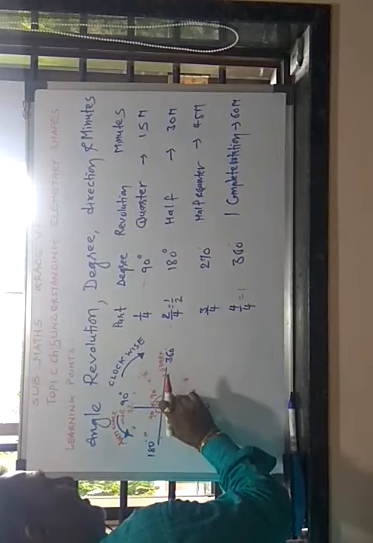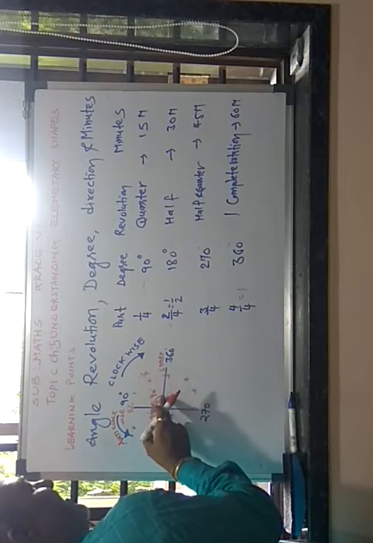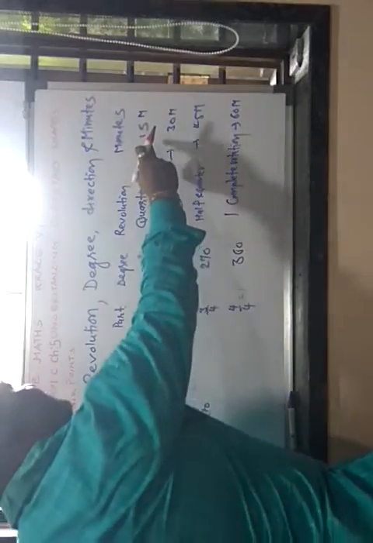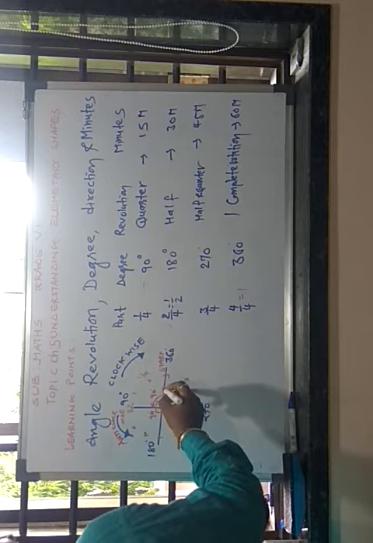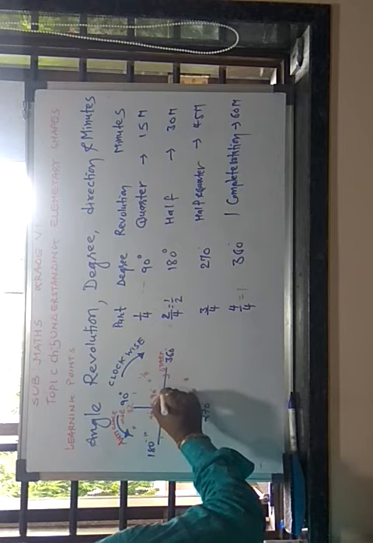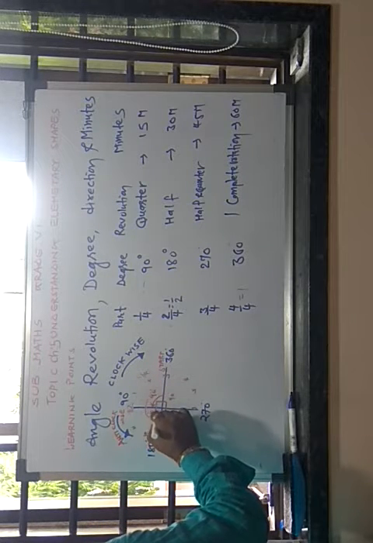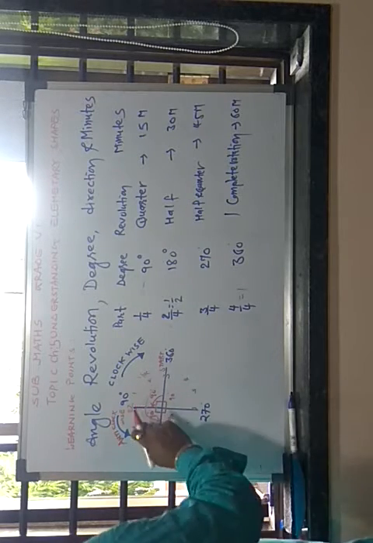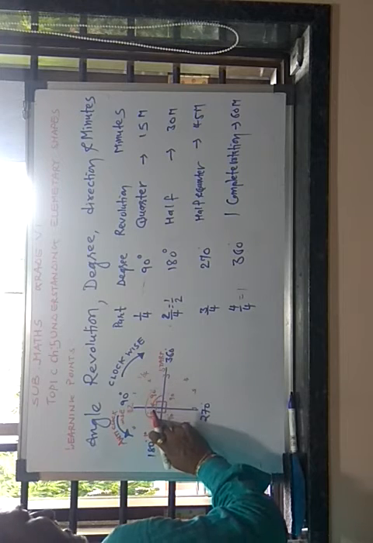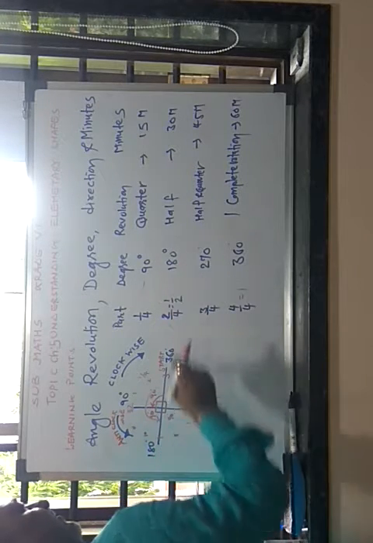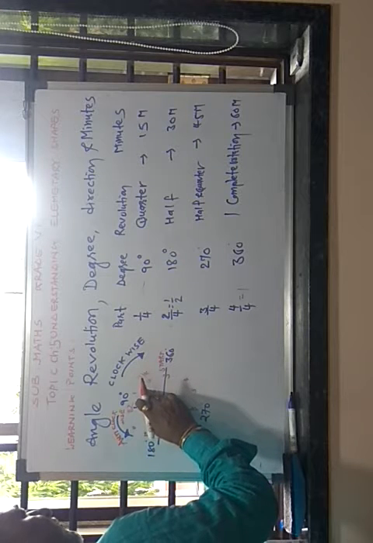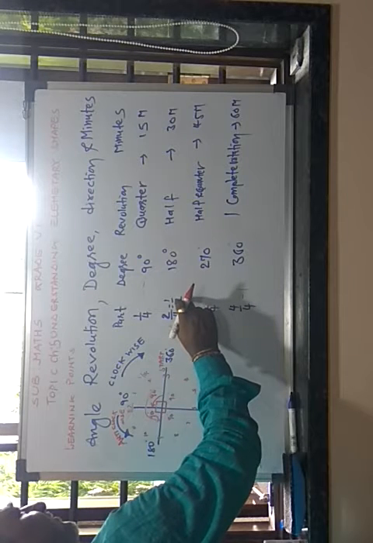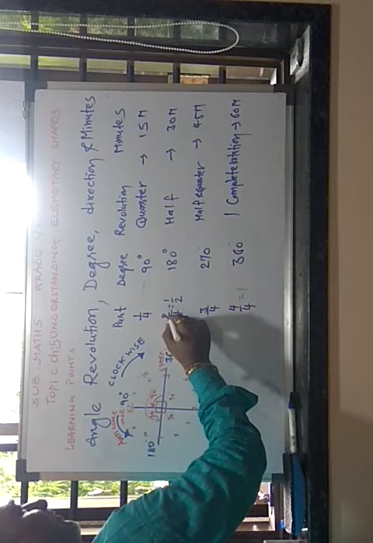So within 90 degrees, the minute hand covers 1/4 part, which means 15 minutes. Then it covers this much rotation in the anti-clockwise direction. So it is 90 plus 90 means 180, this 1/4 and this 1/4, means half rotation, 2/4.